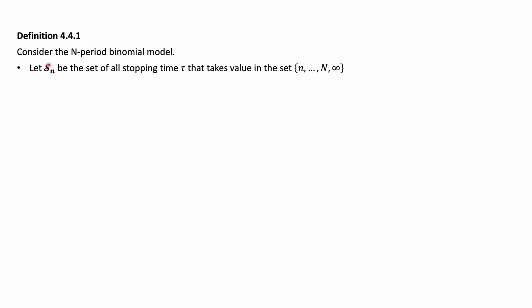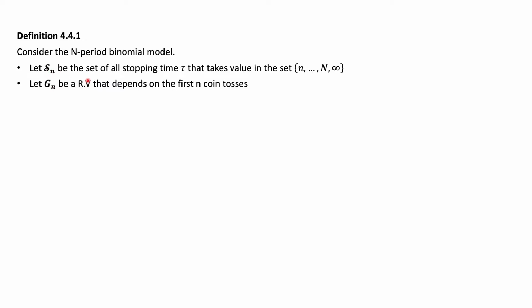I will call it Sn, but this is not really S. This is just a set of all stopping times tau that take value in the set from small n, which is the time we're looking at today, to the end of the time period when the option is expiring, or plus infinity. And I will give more color as to what this really means.